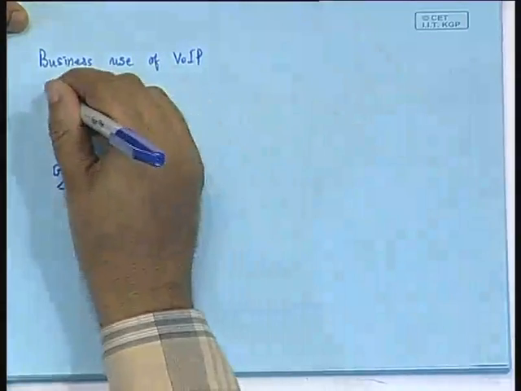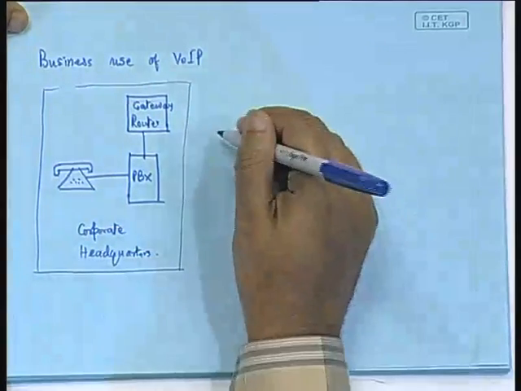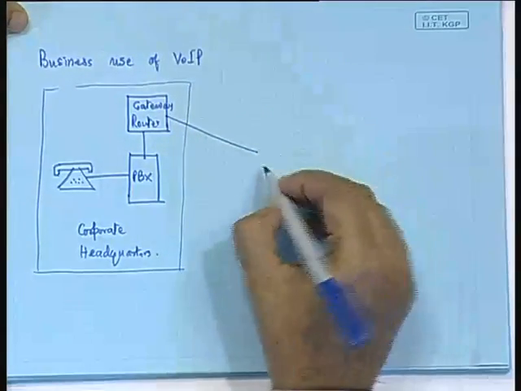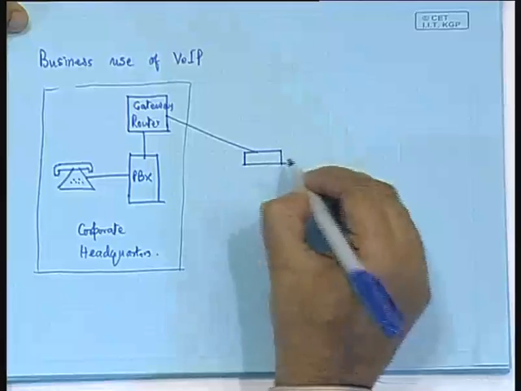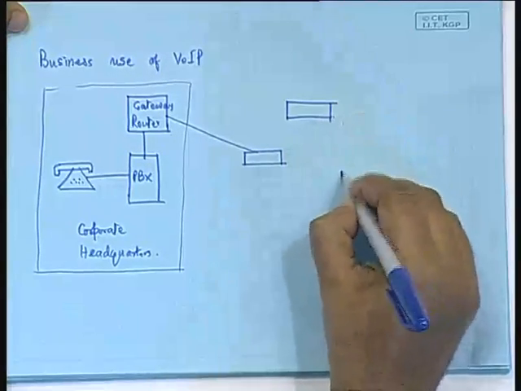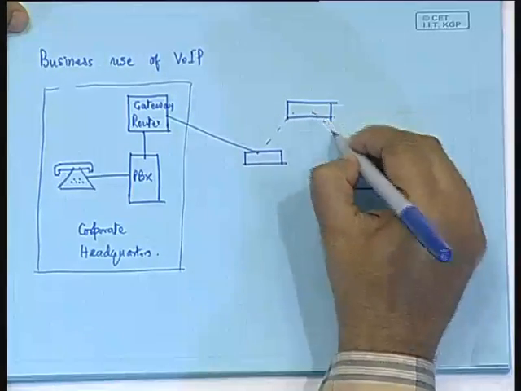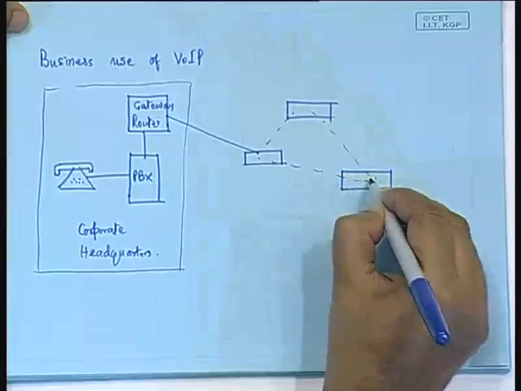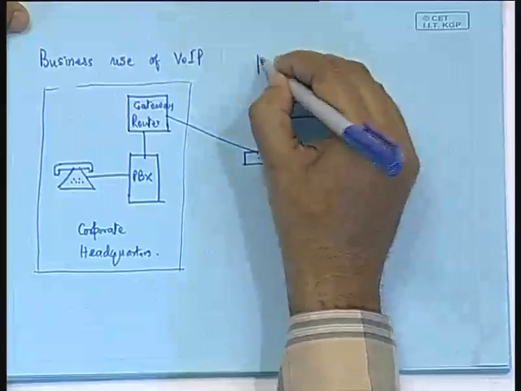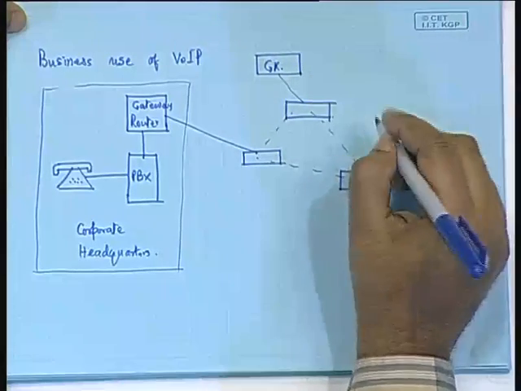These are the systems that we are going to have at the corporate headquarters, and then from this gateway router we have a router arrangement. So basically we can have several such routers which are connected together. You can route the packets from the source to destination making use of these routers, and there is a gatekeeper, in short form we write GK.